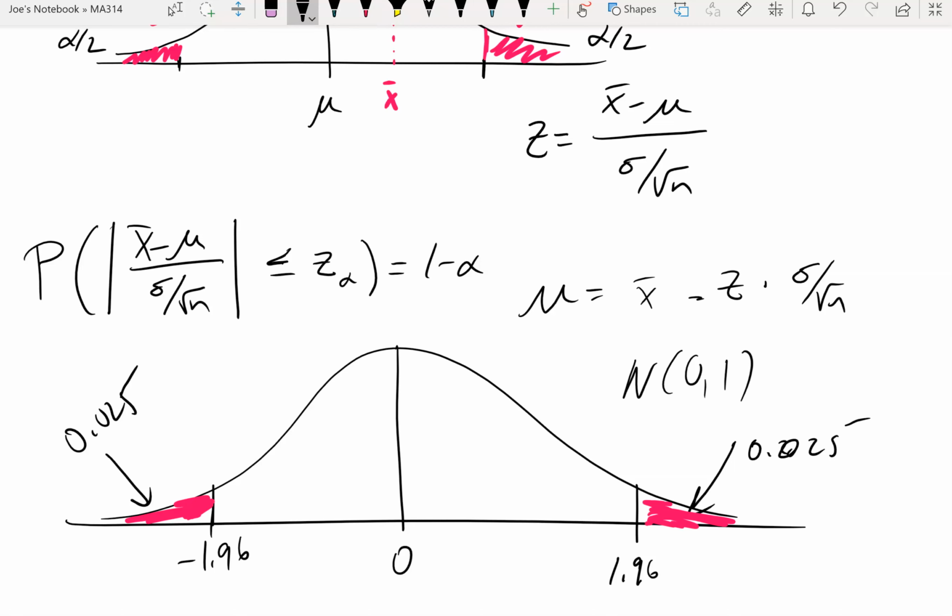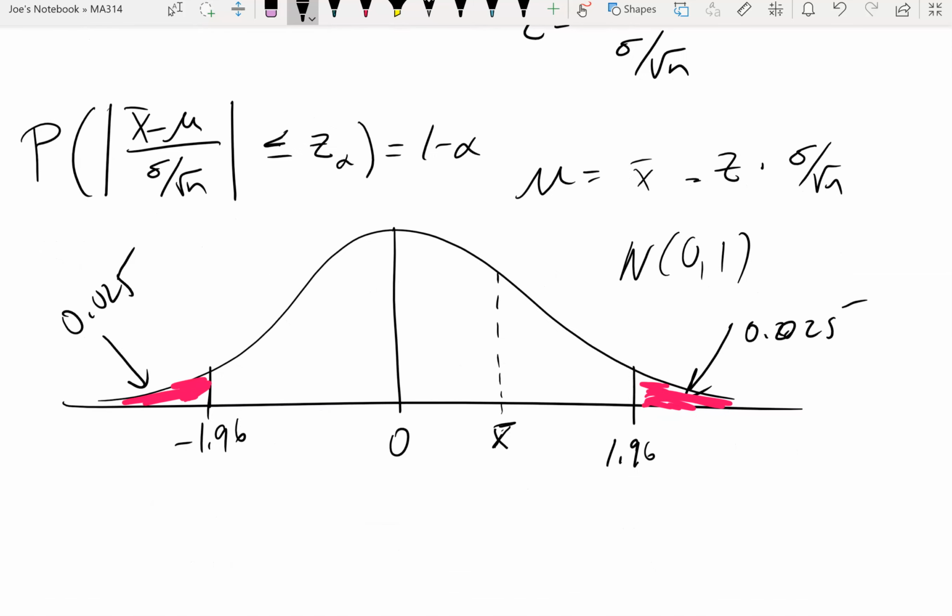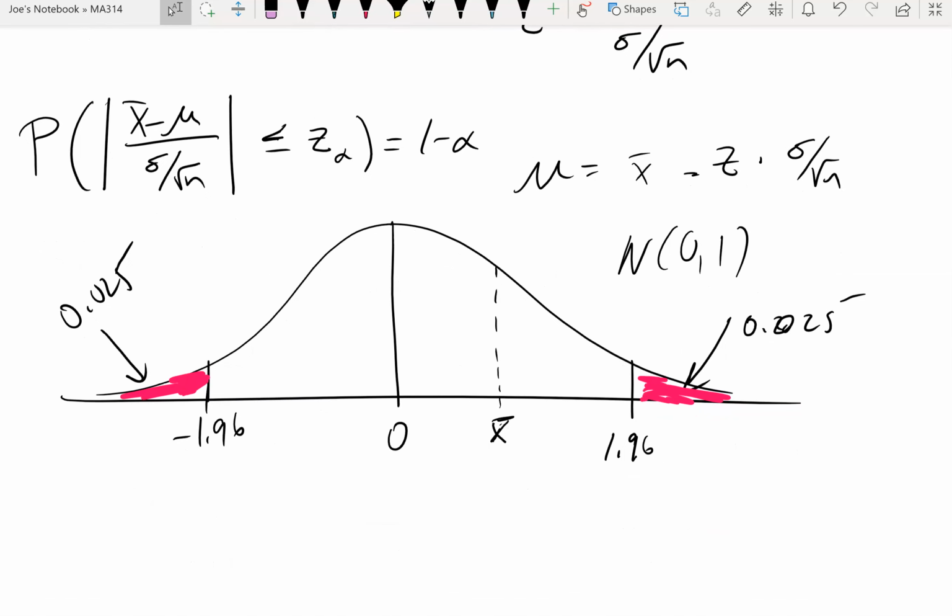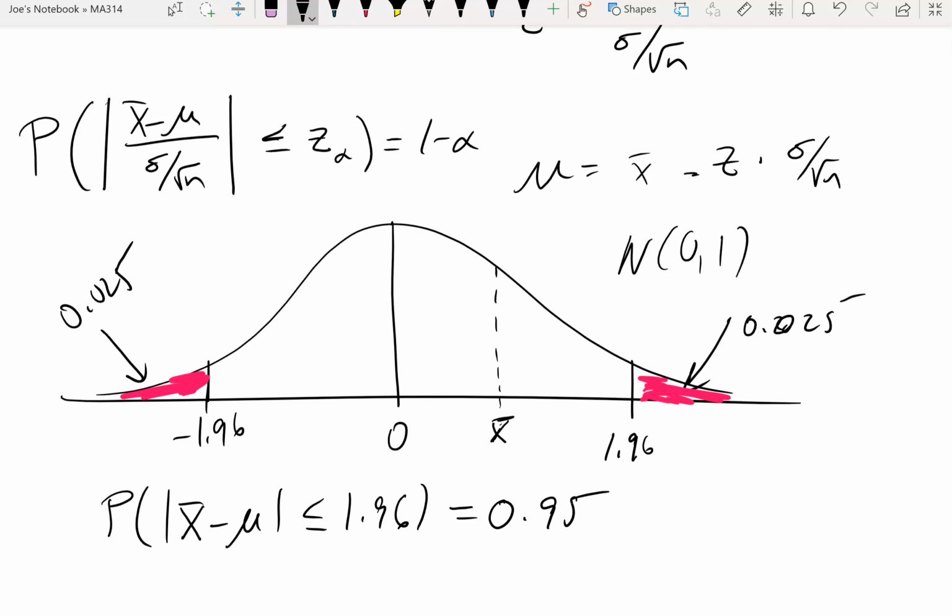Okay, if I take some random x bar, I know that it doesn't matter what the sample is. I know that the probability that the difference between x bar... I already know this for a fact.